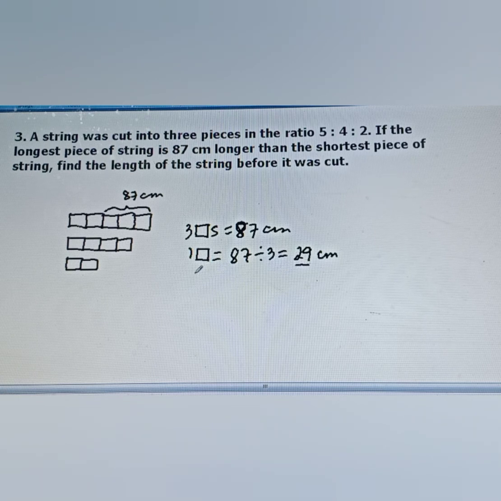So we just multiply 11 times 29, instead of adding 29 plus 29 plus 29 and so on. What's 11 times 29? It is 319. So our answer is 319 cm. That's the length of the string before it was cut.